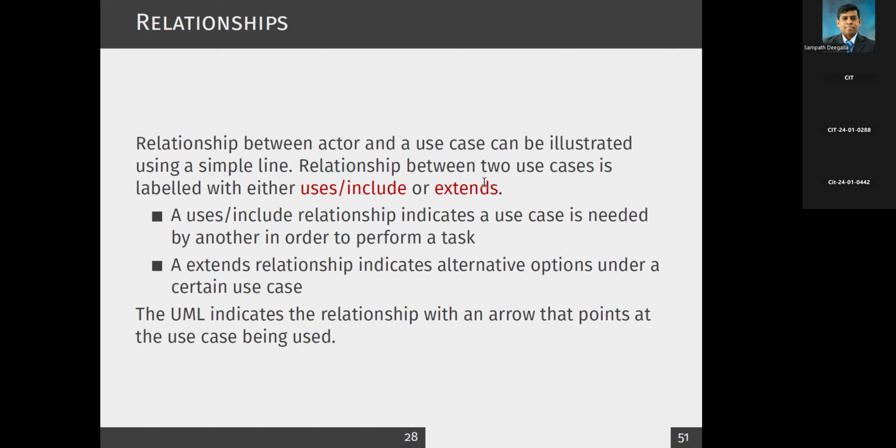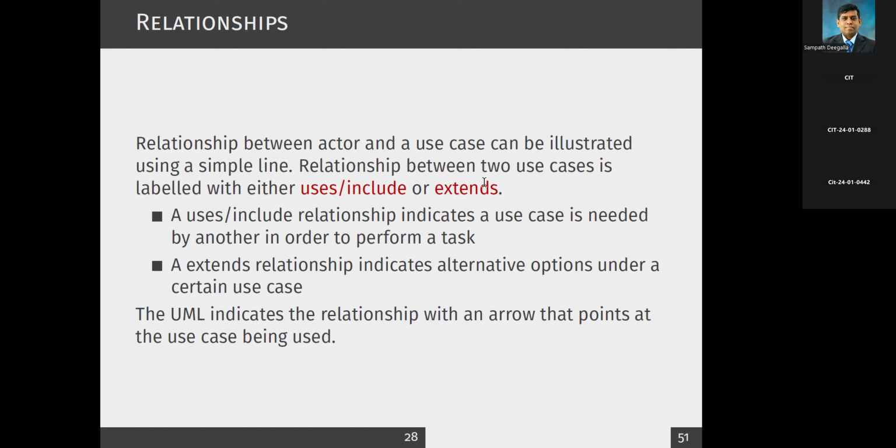Now, if you use uses or include, that means this use case is needed by another one, right? So if you use uses, it indicates that it's used by another one to perform a particular task. And if you say extends, there are alternative options, right?